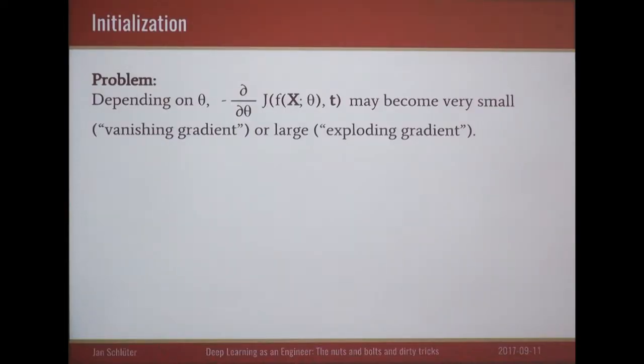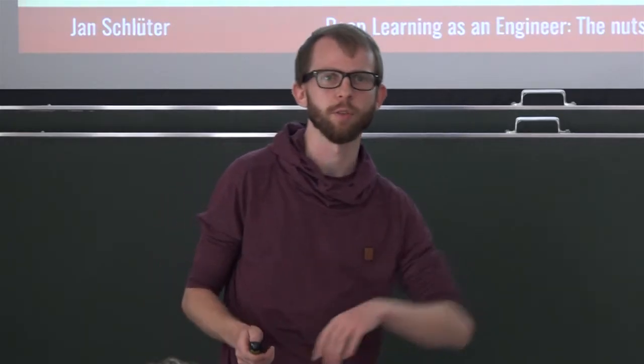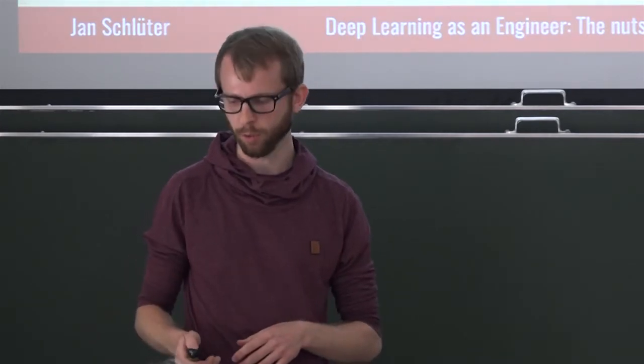And this all depends on the parameters we have. So we need to review this step more carefully. We can't just take any random initialization. We have to be very careful how we initialize the weights so that we get meaningful gradients afterwards.